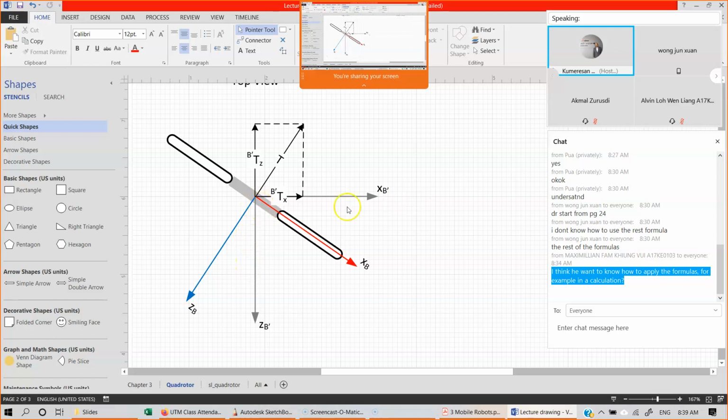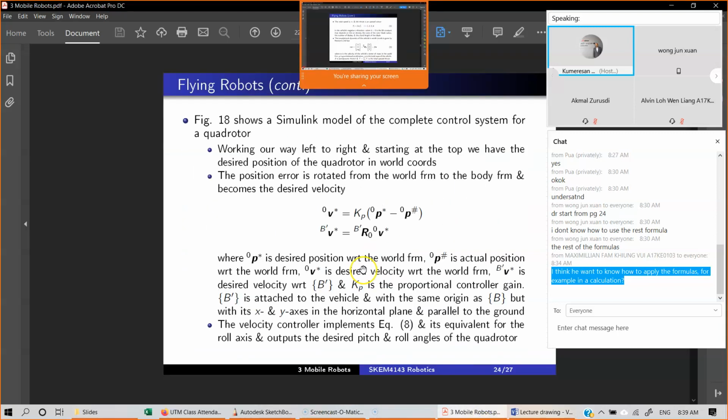So xb prime is always at the horizon, right? Or in other words, this is B prime. So that's what we did here. We mapped from world coordinate frame to B prime coordinate frame.